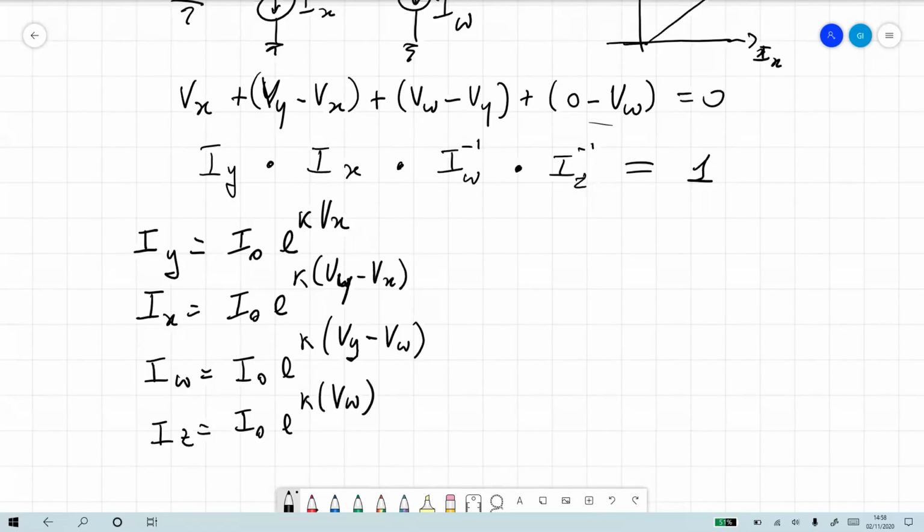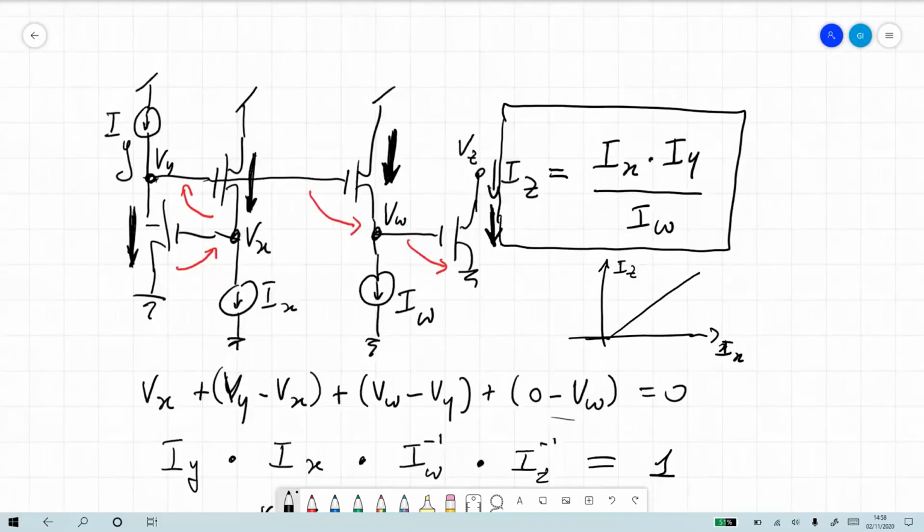Just to be clear, in that case, IX was equal to IZ and IW was equal to IY, and that's why we got that product rule that you did below. So in this case, IX is completely independent from IY, and IZ is IX times IY divided by IW.